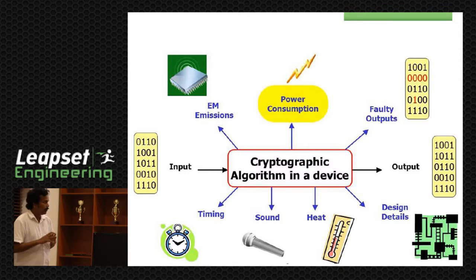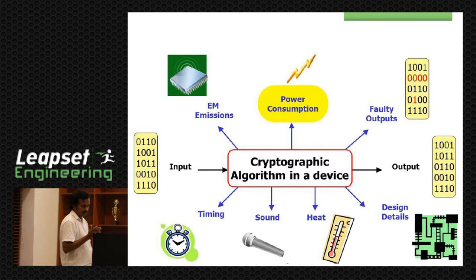So the amount of time that these two branches need can be different. Even that information can be used to extract cryptographic keys from your device. Also sound, heat, and inherent design faults in processor electronics.